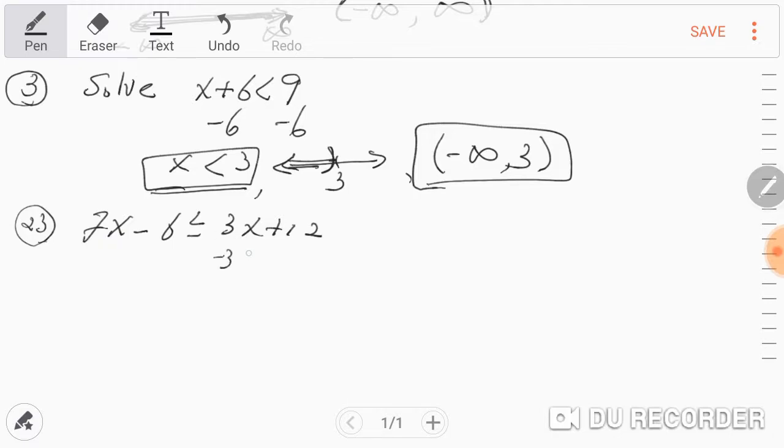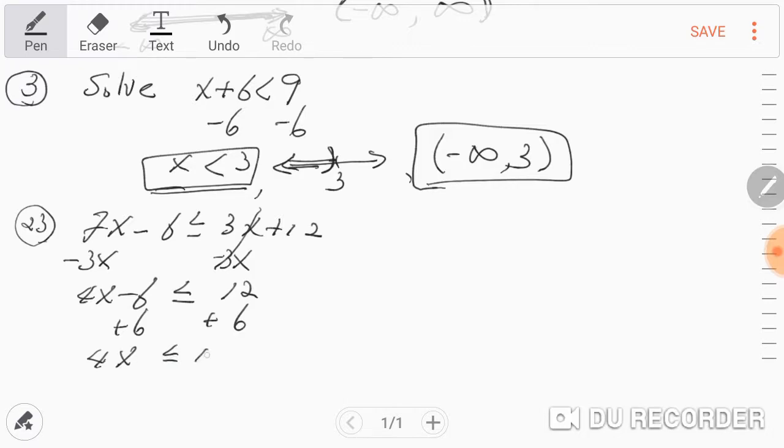So let's get rid of 3x: subtract 3x from each side. 4x minus 6 is less than or equal to, this one cancels out, positive 12. Move the constant term to the right, plus 6 on each side. Then 4x is less than or equal to 18. And we can divide each side by the positive number 4. Then x is less than or equal to 9 over 2, reduced.